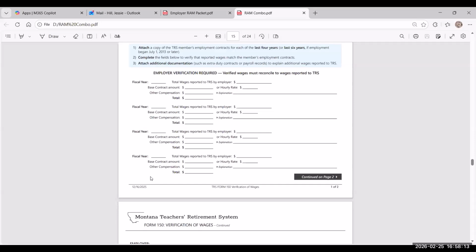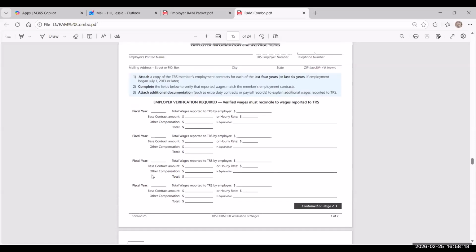Truly, if you read the instructions on the first page of the app, it is absolutely the member's responsibility to make sure all these forms are completed and sent to TRS. So we are stressing to our members to get this form from you, make sure everything is attached, and make sure that the current fiscal year is on there before they send it to TRS.